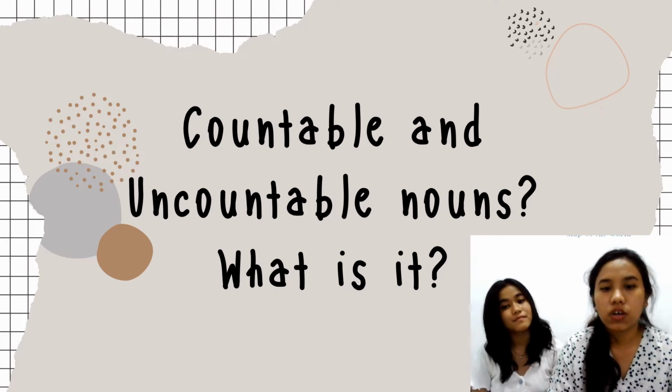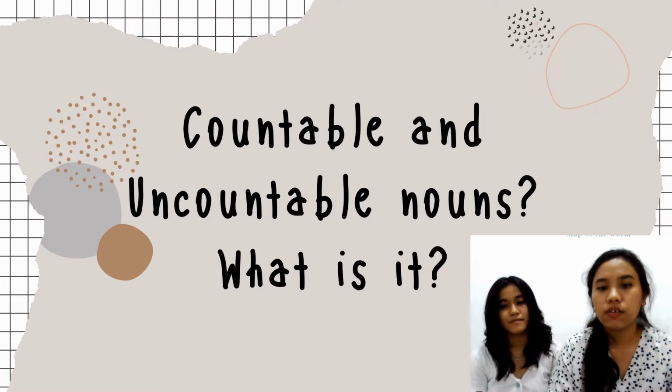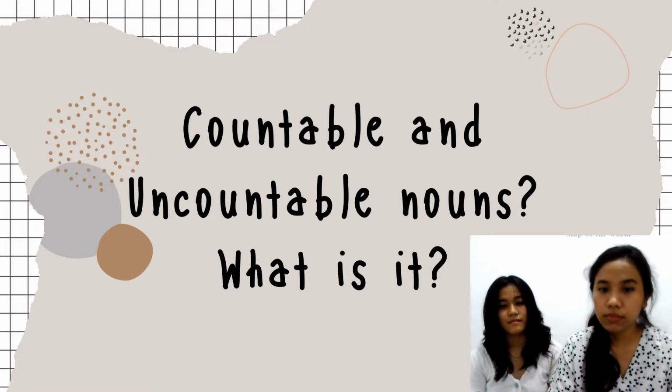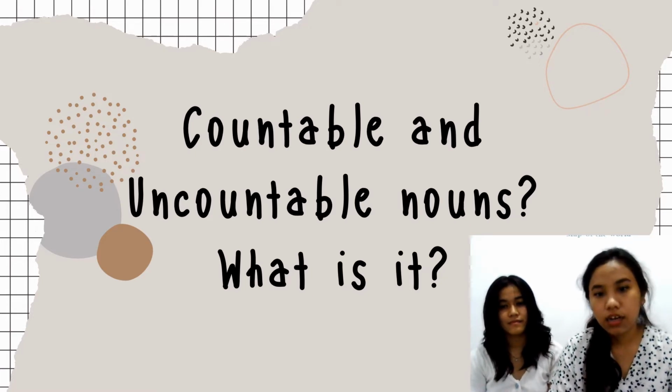The use of article a is for words beginning with consonant letters. For example, a book, a flower, a star.